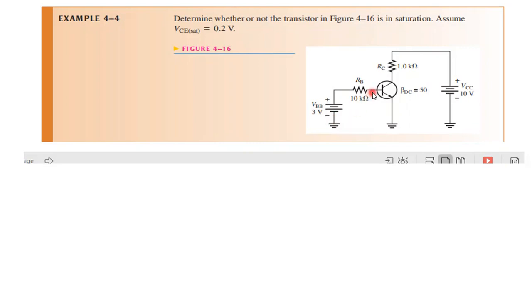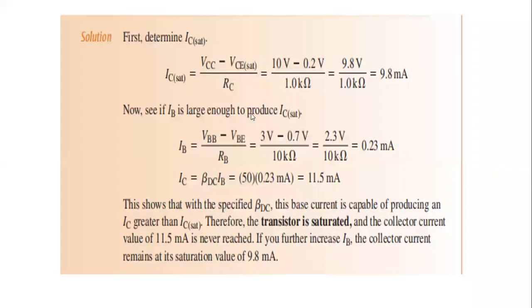So VBB minus VBE upon RB should give you the value of current IB. Here it is done. VBB minus VBE upon RB, which is equal to 0.23 milliamperes. Here VBE is equal to 0.7 volts. This is a standard value for a silicon NPN transistor.